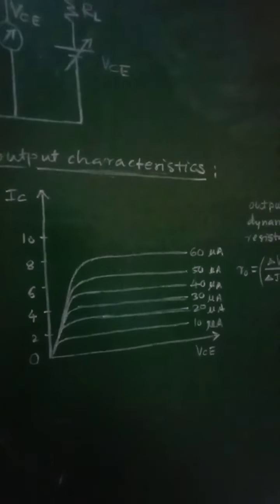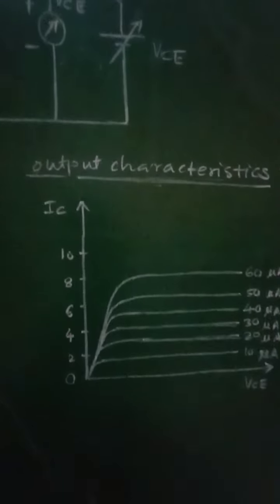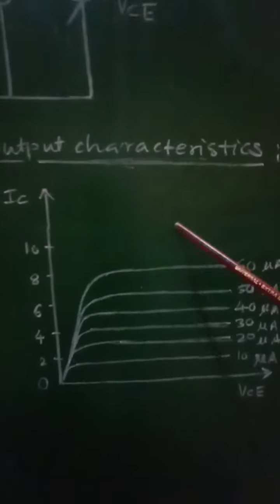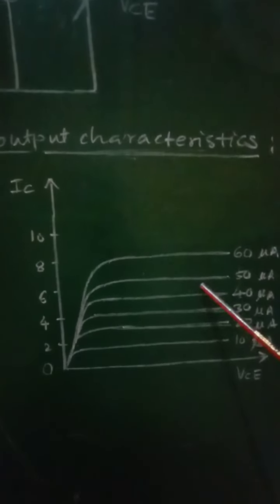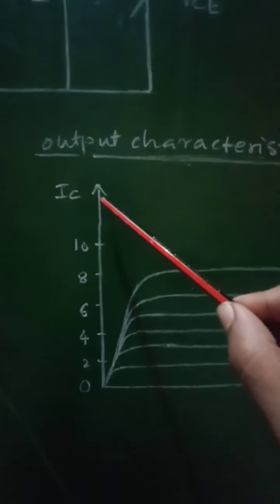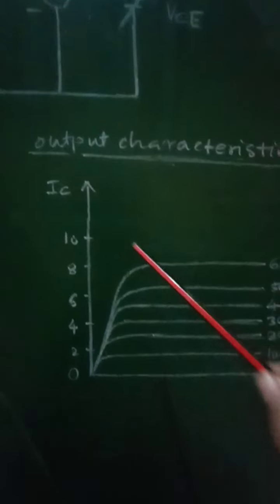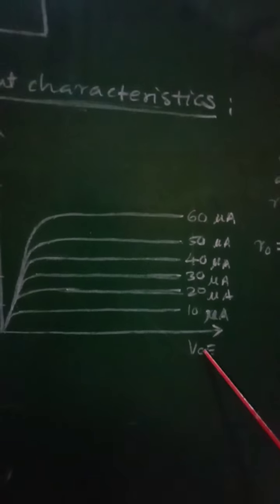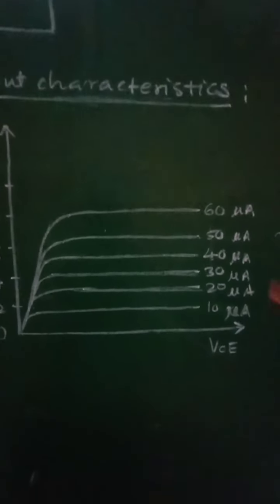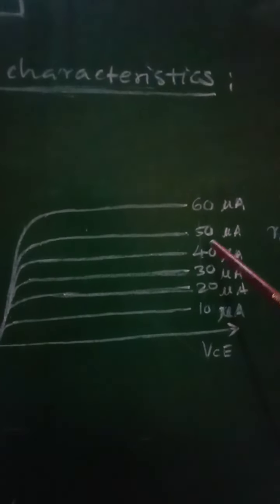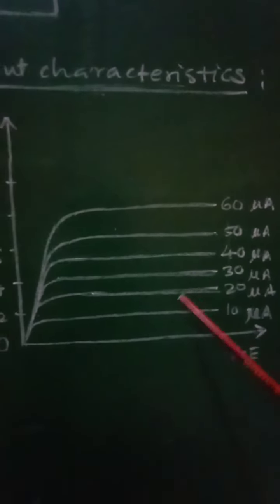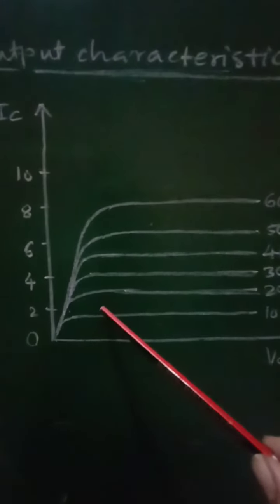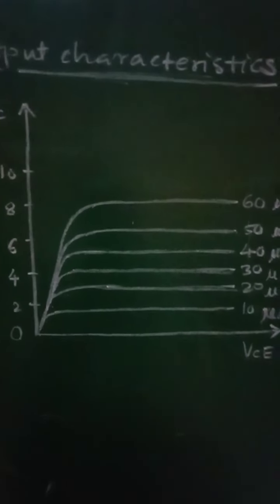Now let us see the output characteristics. So the second one will be the output characteristics of the common emitter configuration. In this case, the collector current IC will be plotted against VCE, that is the output voltage, and at that time the base current IB will be kept constant, so that for different values of base current the nature of the graph is as shown.